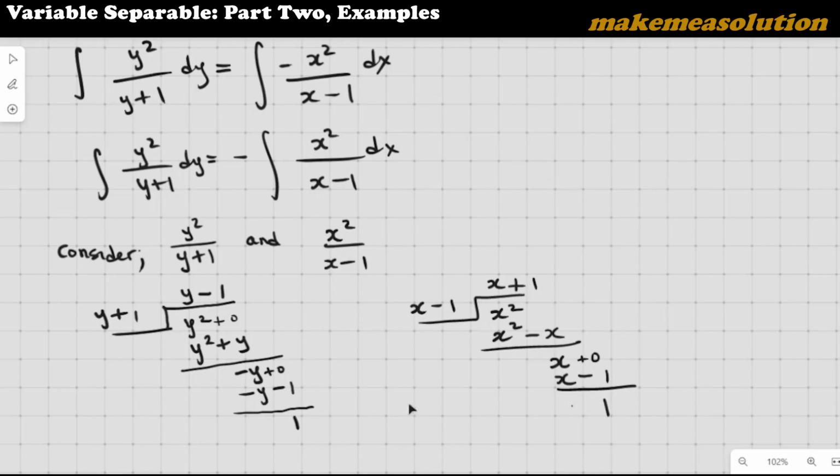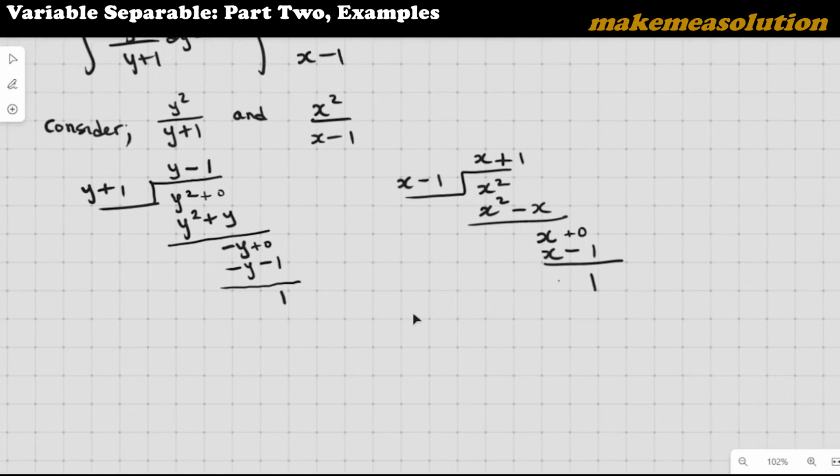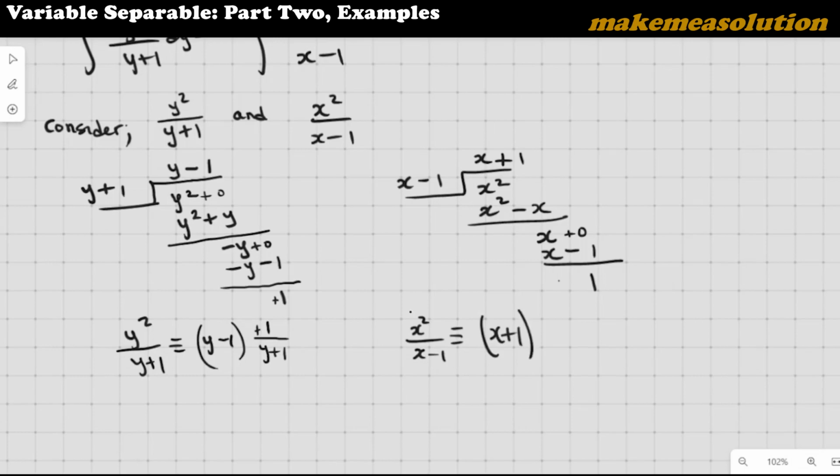So this is what we have concluded from the long divisions, that y squared over y plus 1 is equivalent to y minus 1 whole number, 1 over y plus 1. Okay, so this is a plus 1 as from this place, and at the same time we have x squared over x minus 1 is equivalent to x plus 1 whole number plus 1 over x minus 1.